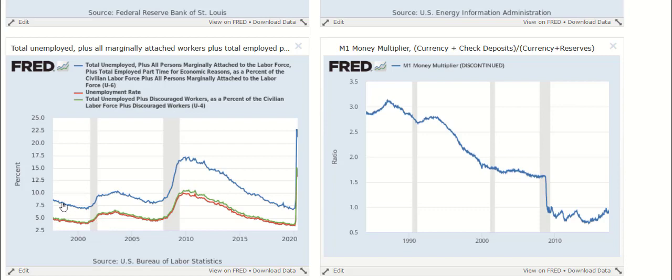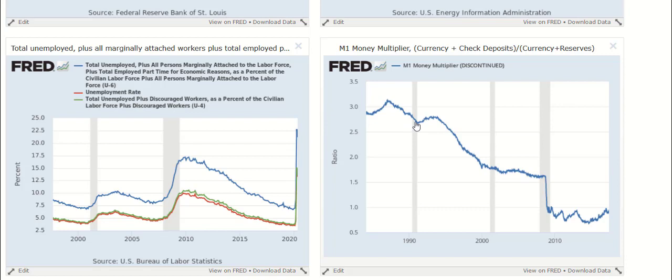The point is that the official unemployment rate is in red, and there's actually more people than the official unemployment rate indicates that are unemployed. And that's because there's people like, for example, marginally attached workers who can't find full-time jobs. There's different types of people with different reasons for being unemployed, and that's what these time series are trying to capture.